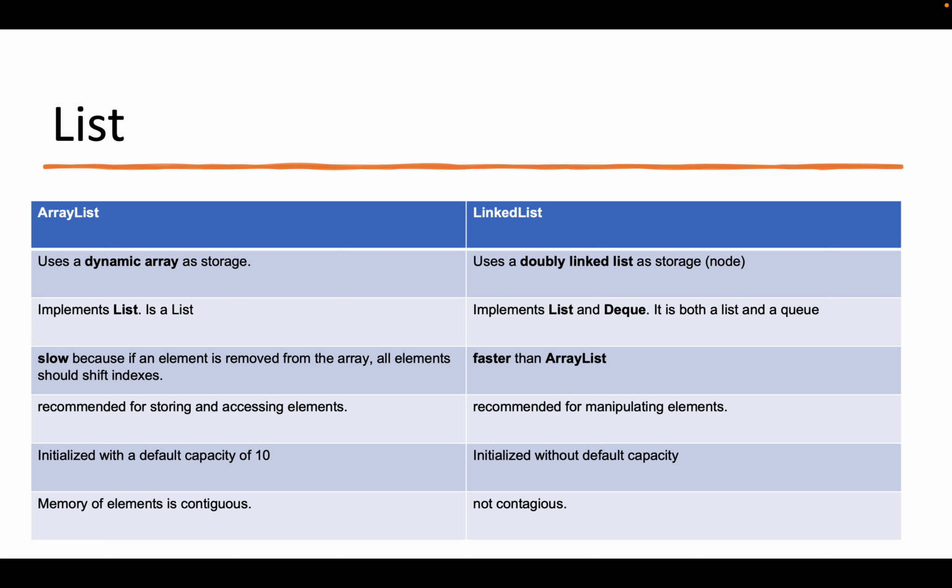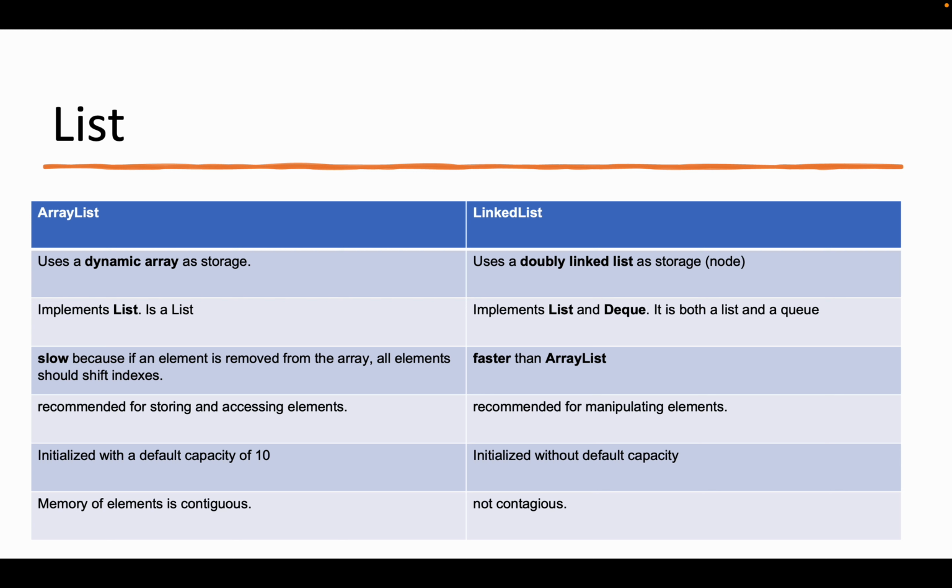An array list uses a dynamic array as storage, whereas a linked list uses a doubly linked list as storage. So linked list uses what we call a node data structure. You have a node, next, and previous, so you are able to traverse a list.